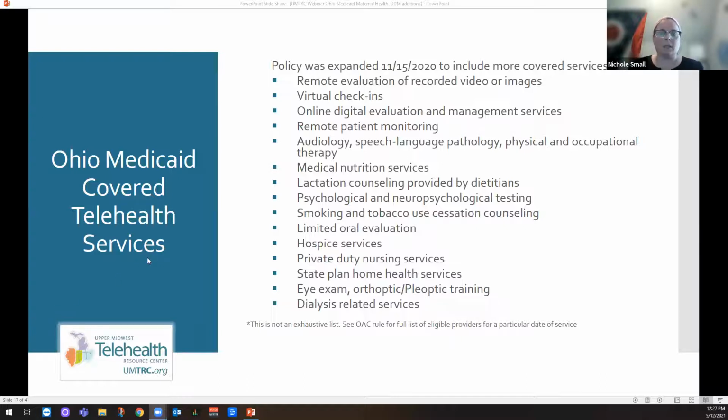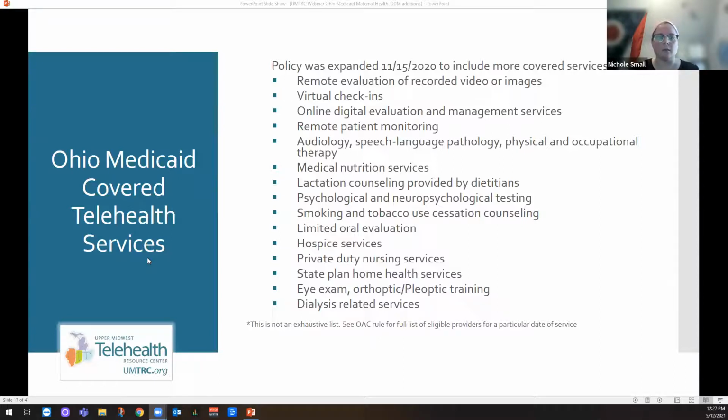With the practitioners that we added, we included more services. We looked a lot to Medicare and what they were doing, and adopted a lot of those procedure codes: remote evaluation, virtual check-ins, online digital evaluation and management services, remote patient monitoring, and a lot of the skilled therapies, things that correlate with the practitioners that we added. This greatly expanded access to telehealth services.